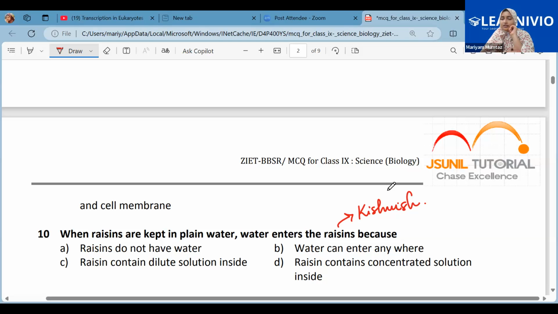Raisins will have water. If you throw a raisin at someone, will the person get hurt? No, ma'am, because it's soft. Raisins are soft because they have water, but they have a concentrated solution. That is why whenever you keep raisins in water, they get swollen because of osmosis. Getting my point, students? Yes, ma'am.